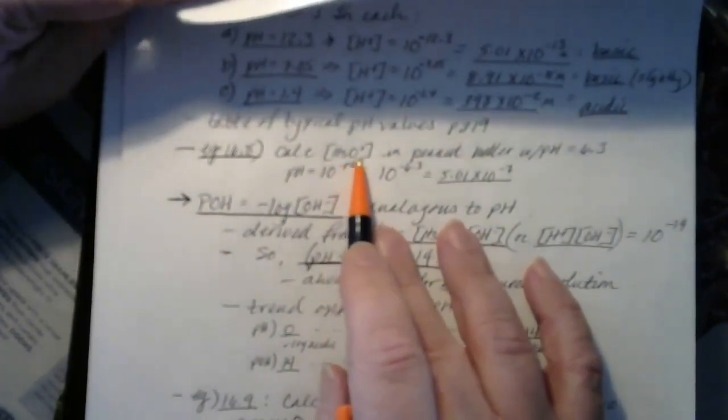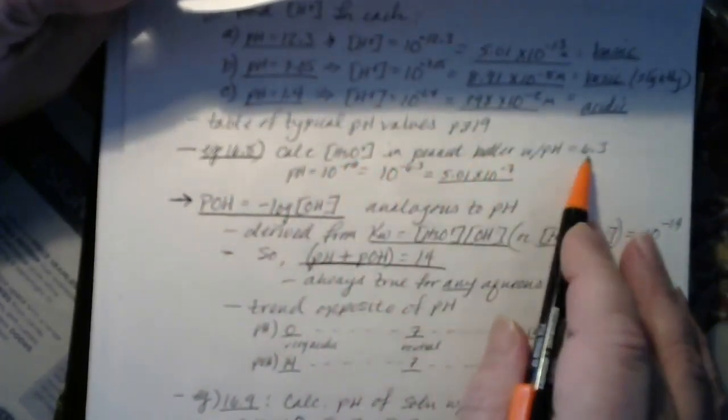Here's an example where we calculate the H3O plus ion concentration, or H plus ion concentration, if you prefer to call it that, in peanut butter that has a pH of 6.3.